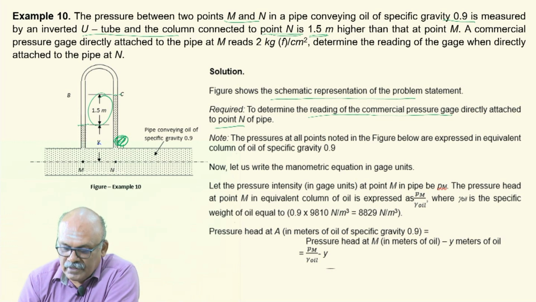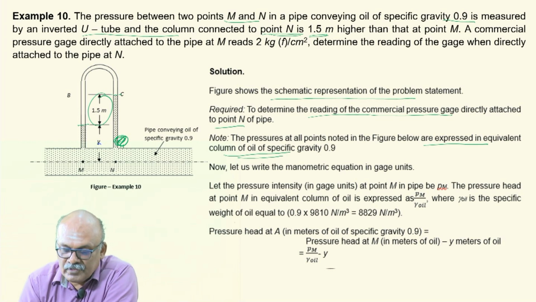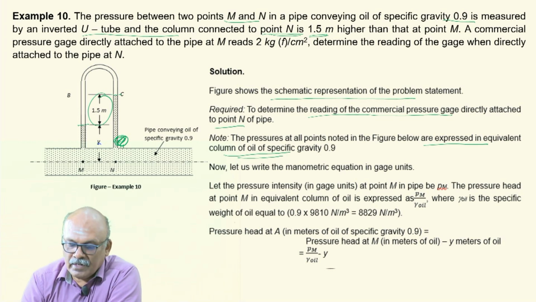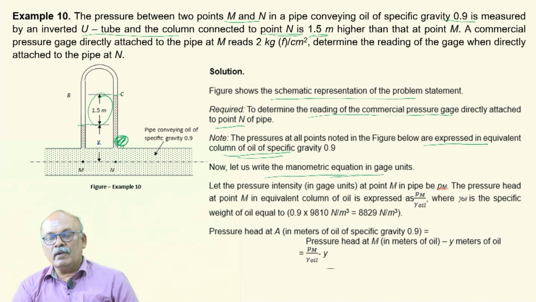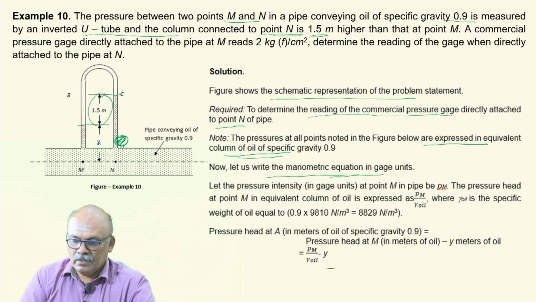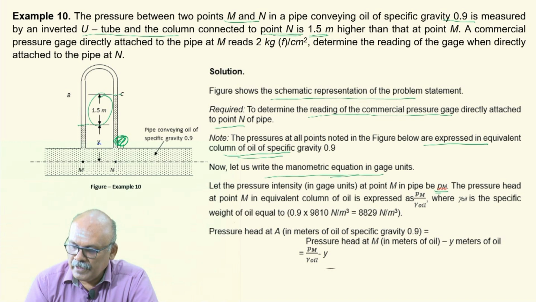So, let us express again the pressures at all points in equivalent column of the flowing fluid, which is oil of specific gravity 0.9. Let us again write the manometric equation in gauge units. What is gauge units? That means you are taking the atmospheric pressure as the datum. So, let the pressure intensity in gauge units at point M be Pm.